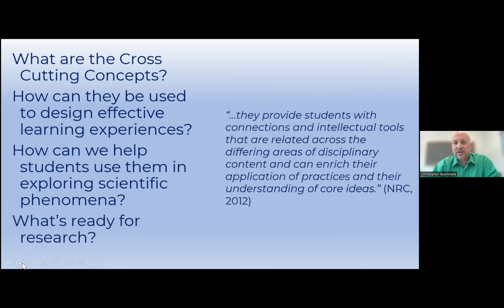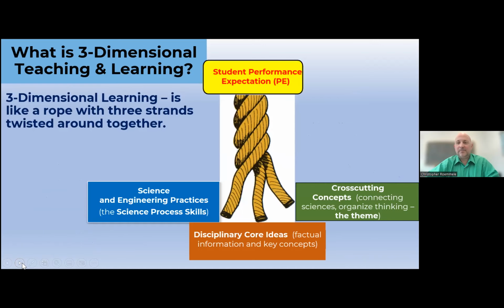One thing about the cross-cutting concepts, as they relate to what the National Research Council says, is they provide students with connections and intellectual tools that are related across different disciplinary content areas and can enrich the application of practice and understanding of core ideas. That's a fair amount of saying that they are a part of the three twisted strands of rope to make a big, thicker rope.